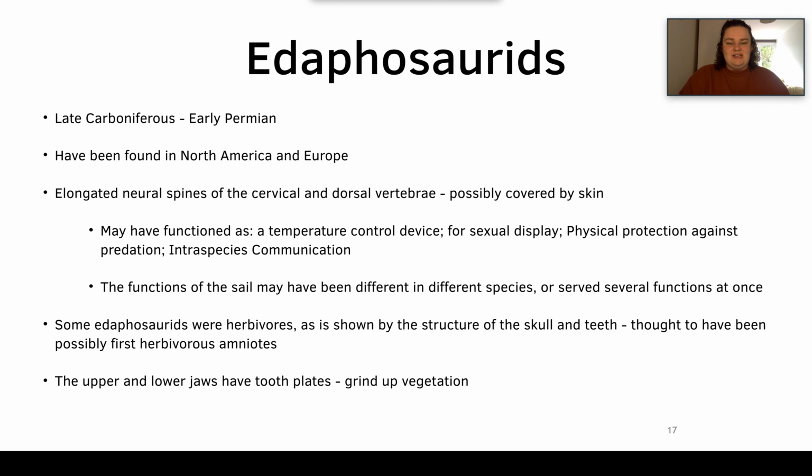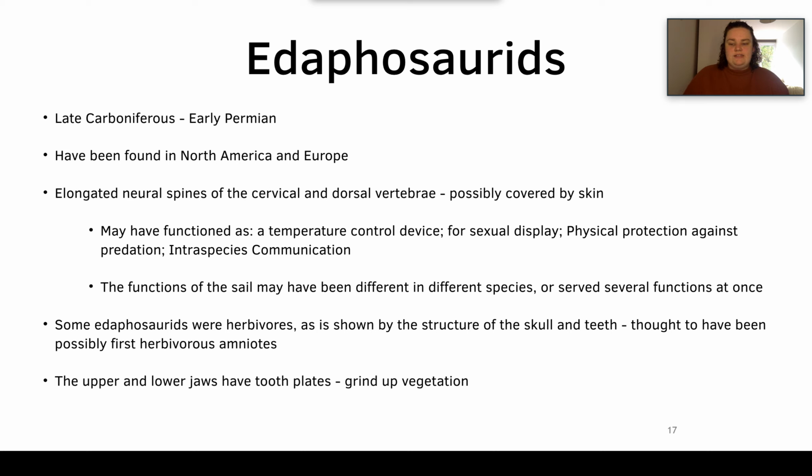So now we move on to the Edaphosaurids, and these are late Carboniferous to early Permian aged, and they've been found in North America and Europe, and there are more fragmentary remains being found in Europe. So we primarily know them from North American fossils.